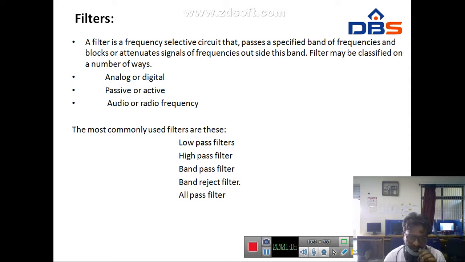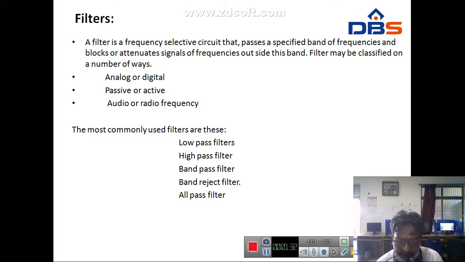The most commonly used filters are low pass filters, high pass filters, band pass filters, band reject filters, and all pass filters.